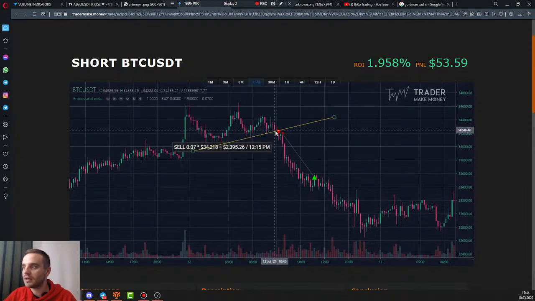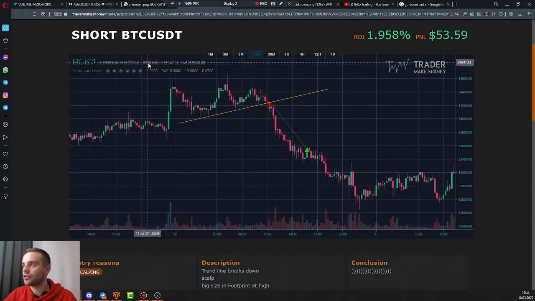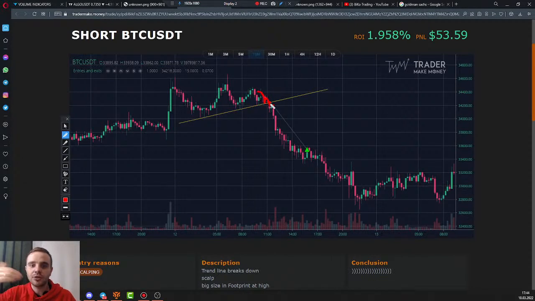An example like here, why I took a short trade: because price after that started squeezing to the trend line, and squeezing to a trend line is a pattern of technical analysis. And when I make a trade, I have significant volume, I have squeezing, and I have a clear trend line. And I have a place where I can set a very small stop loss and a potential reward many times bigger.